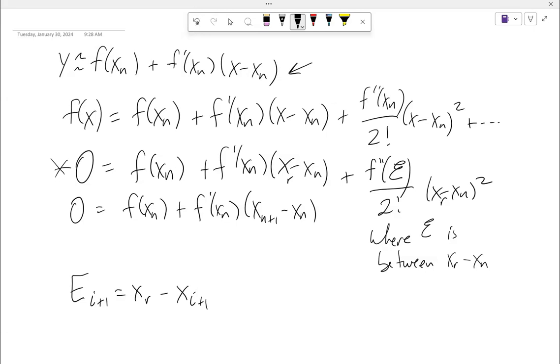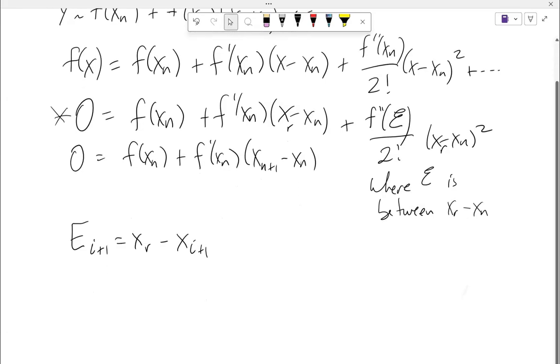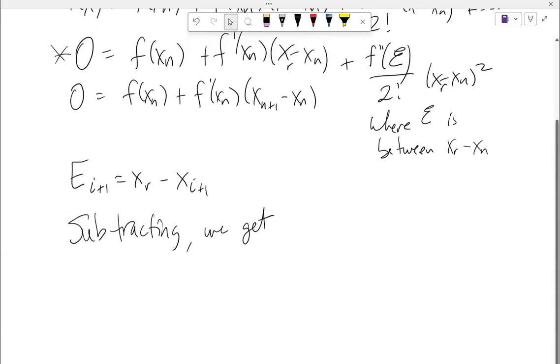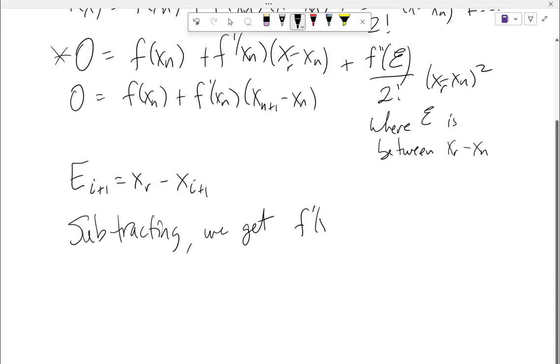Because x of n plus 1 represents the x-intercept of the tangent line, right? Now let's subtract the second equation from the first. Notice your f of x of n's go away. Here I can factor out an f prime of x of n. When I do, my x of n's will go away, right? So when we subtract, we get f prime of x of n times x of r minus x of n.